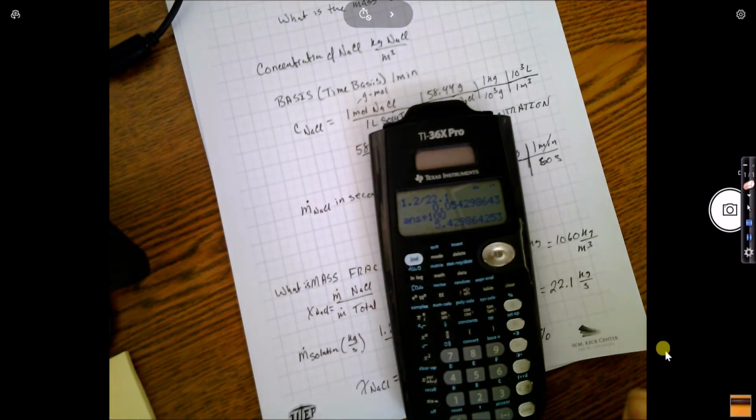I had some extra digits on my calculator if you care to inspect.